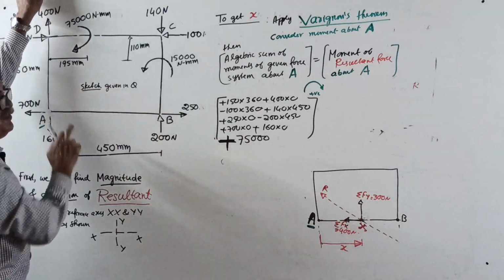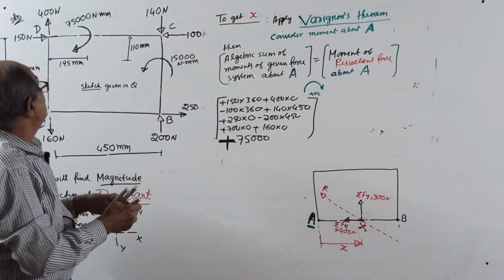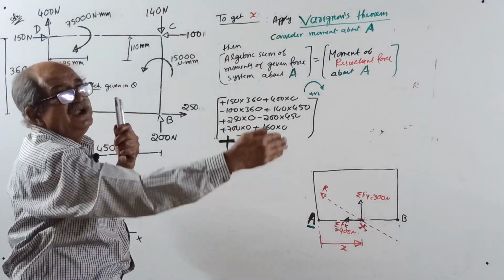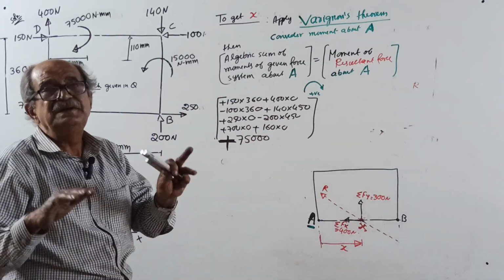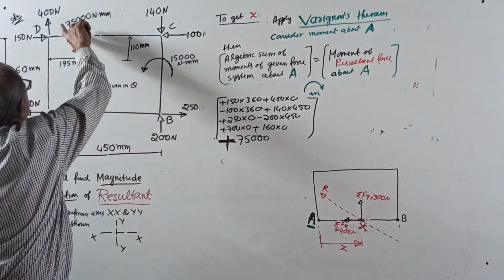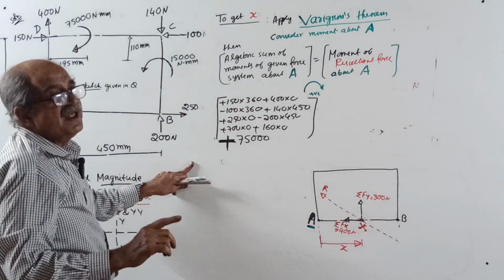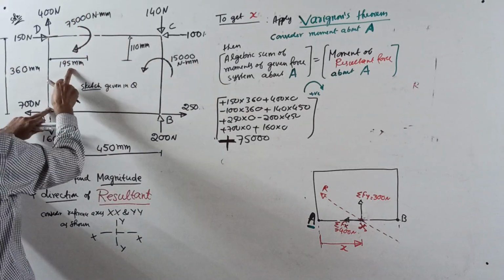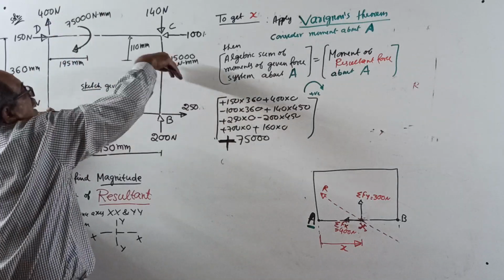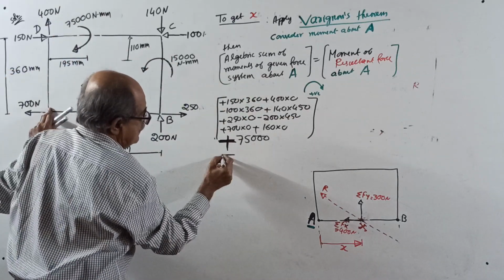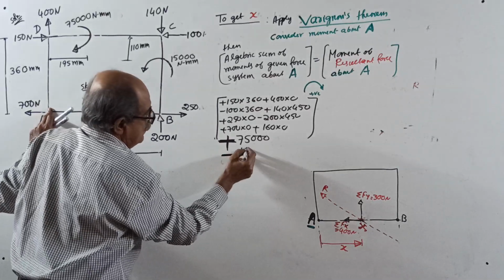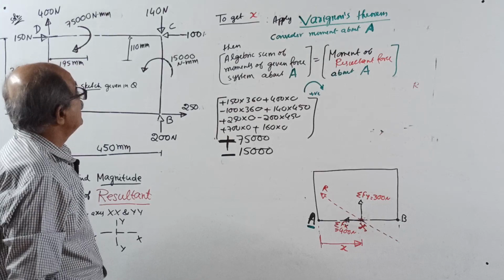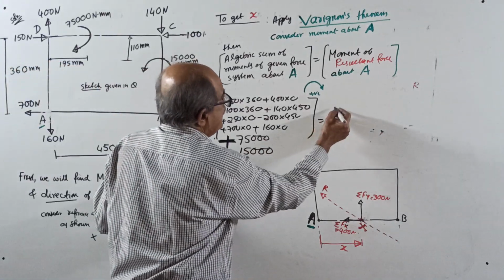They told 195 just to confuse you. This is for force into distance. For a couple, directly couple. Clockwise means plus, anti-clockwise minus, into is not there. So just plus 75,000. What about this one? Minus 15,000. Minus 15,000 equal to right hand side.